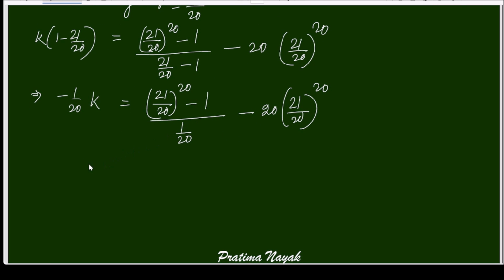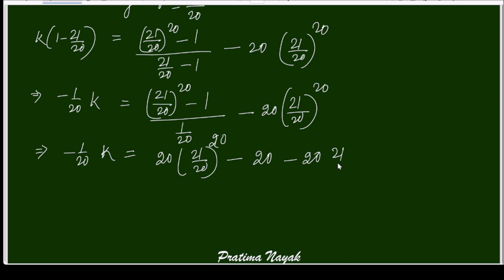So let us simplify now. Minus 1 by 20 k equals, here 20 will be multiplied, so this will be 20 into (21 by 20)^20, and it will also be multiplied with 1, so minus 20, minus 20 into (21 by 20)^20.